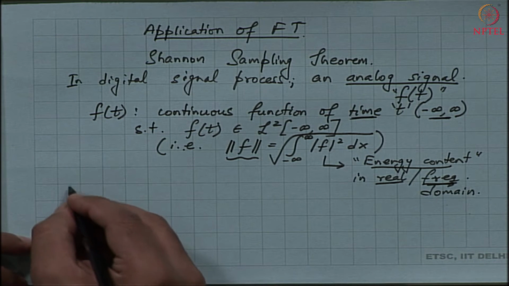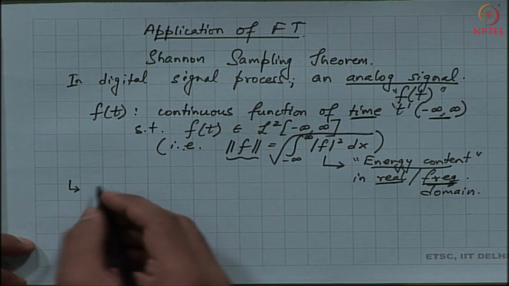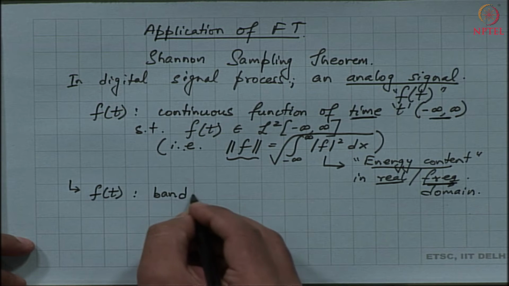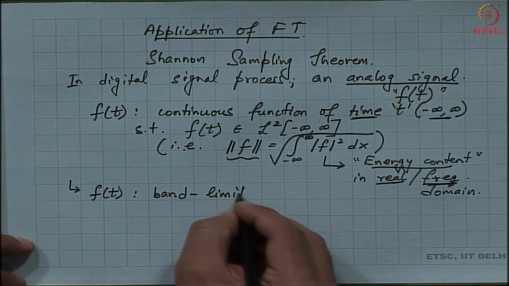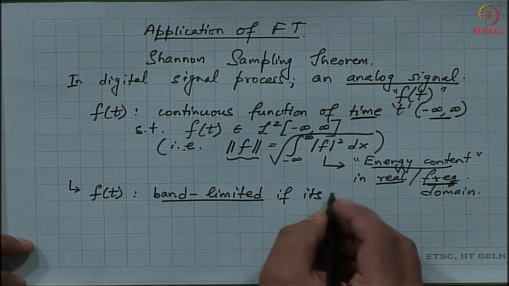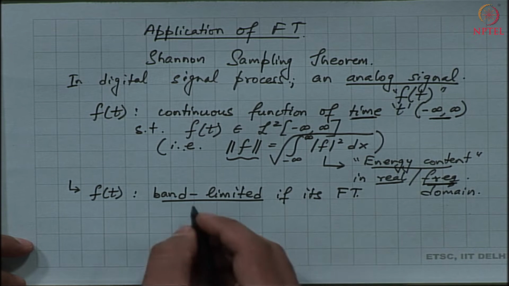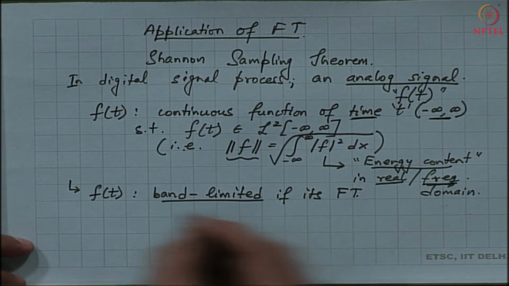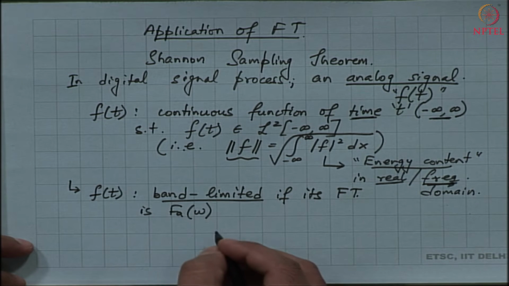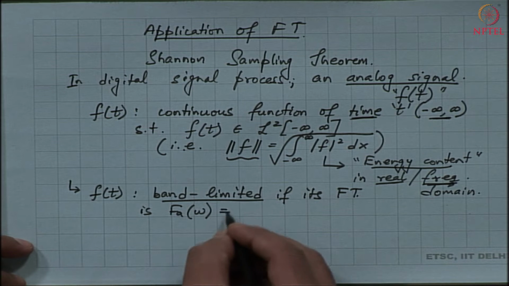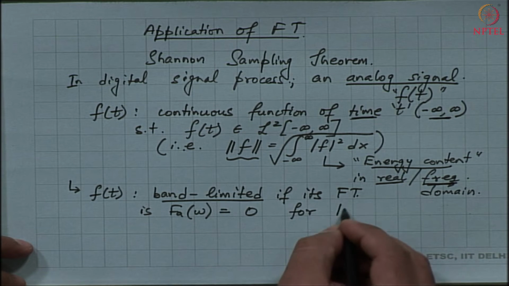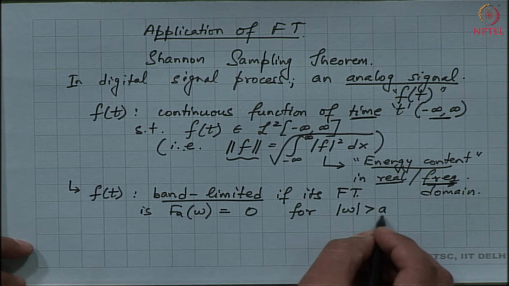Now, let me introduce another definition. I introduce this notion of band limited. My signal f(t) is band limited if its Fourier transform is given by this function f a of omega, where f a of omega is defined to be 0 for all frequencies bigger than some cutoff frequency a.